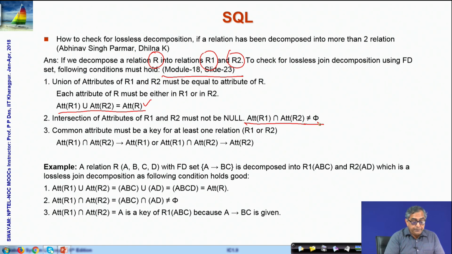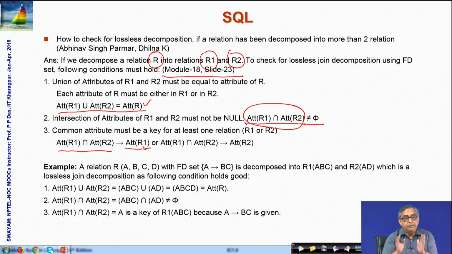Finally, the third condition is that the common attribute, the attributes that belong to the intersection set of R1 and R2, must be the key for one of the relations at least. So, this attribute set must functionally determine R1, that is, the closure of the common attributes must be all the attributes in R1, or the closure of the common attributes must be all the attributes in R2, or both.